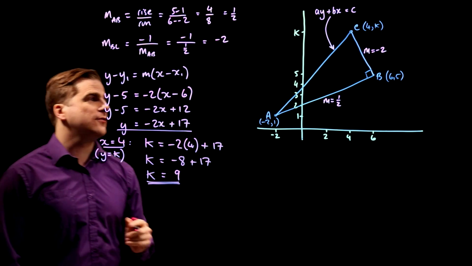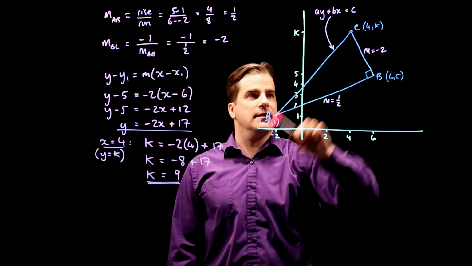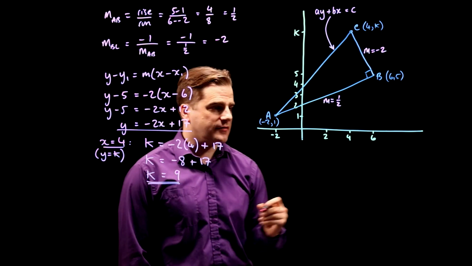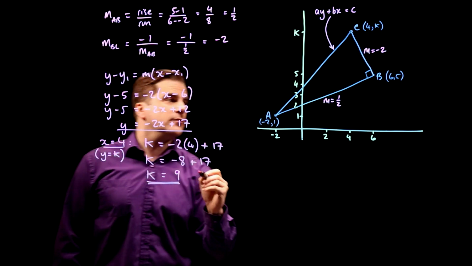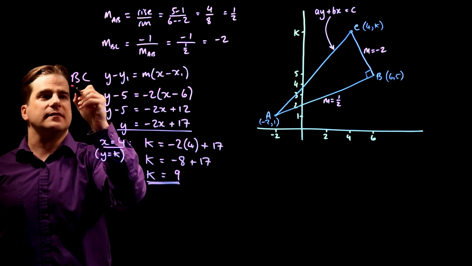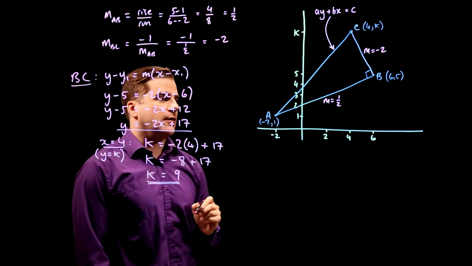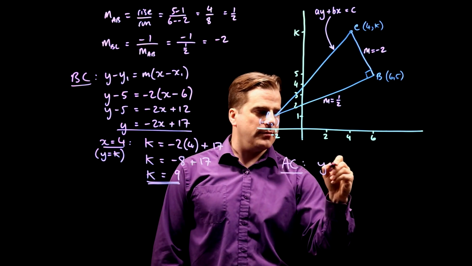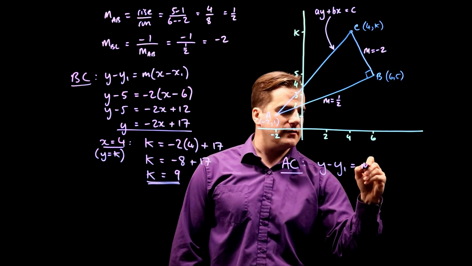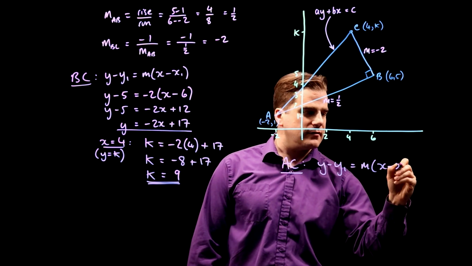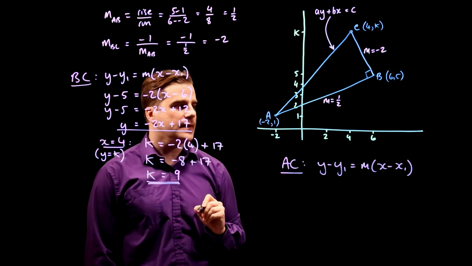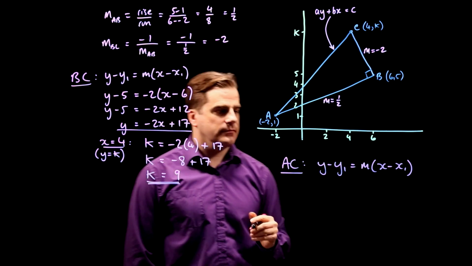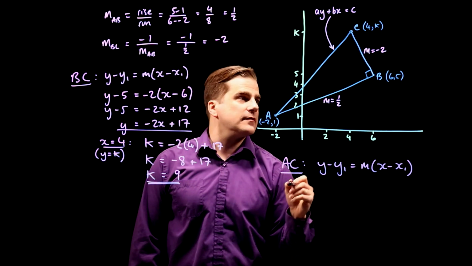Now, just to finish off, it wants the equation of the line AC. So again, we use y minus y1 is m times x minus x1. Okay, so that was for the line BC. Now, for the line AC, y minus y1 is the gradient, x minus x1. Okay, what's the gradient of this line? Pretty simple. Where shall I do this?